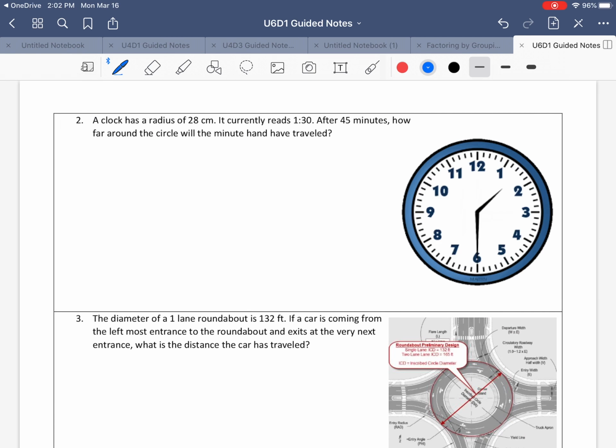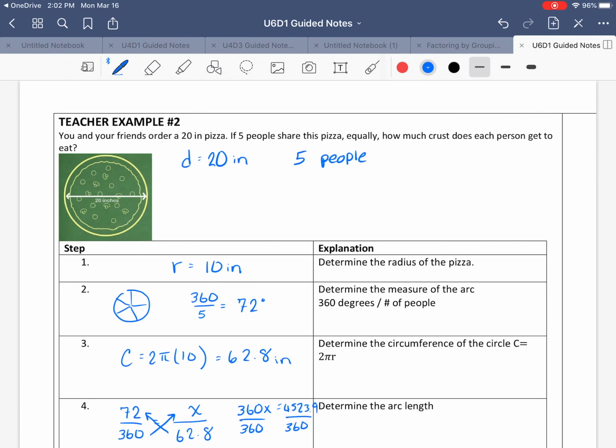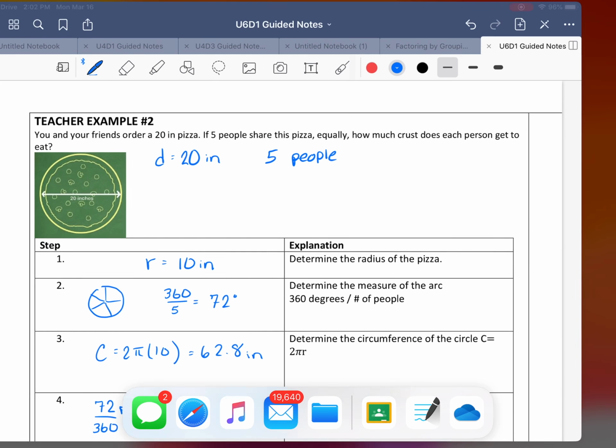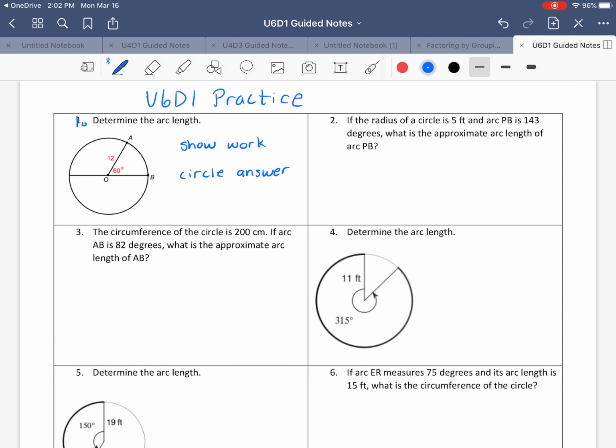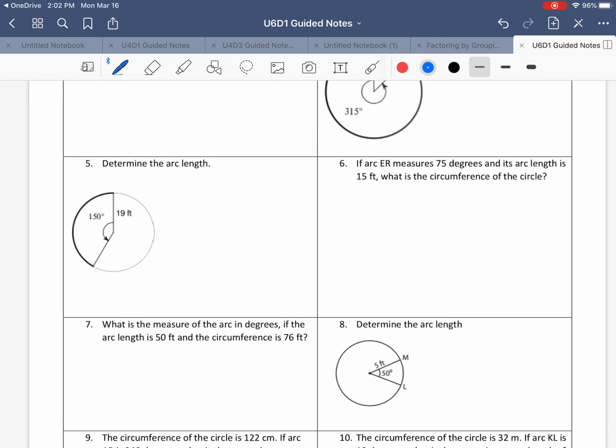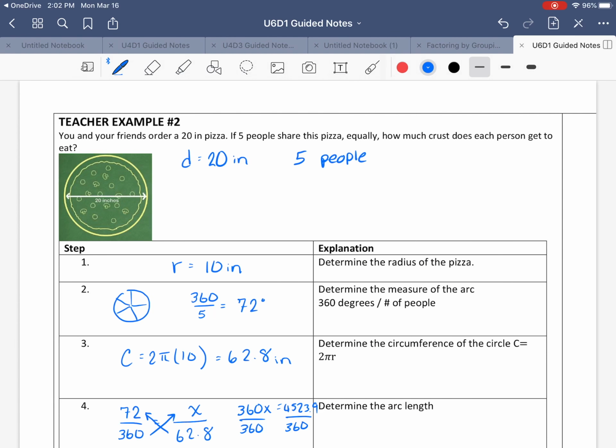All right, there are 1, 2, 3, 4 story problems that I want you to practice. Again, just continue on the worksheet where you have your Unit 6 Day 1 practice problems here.